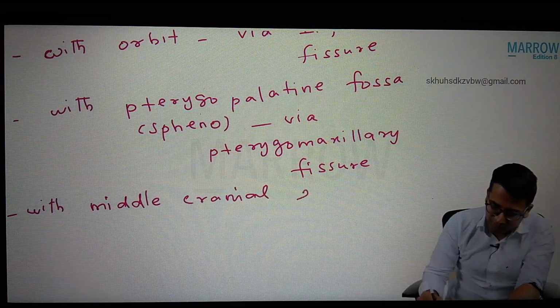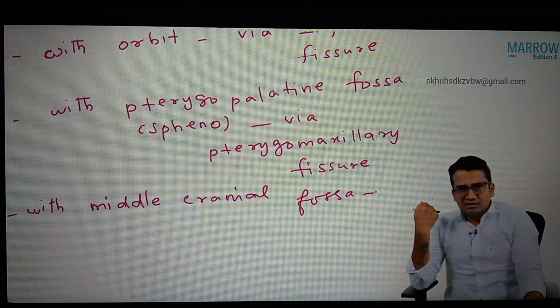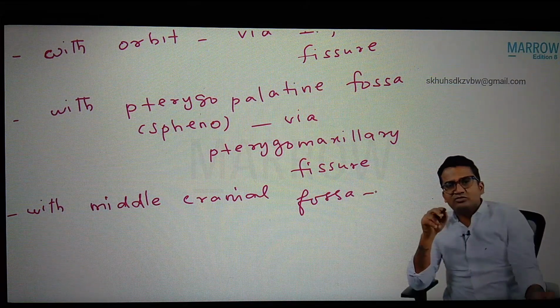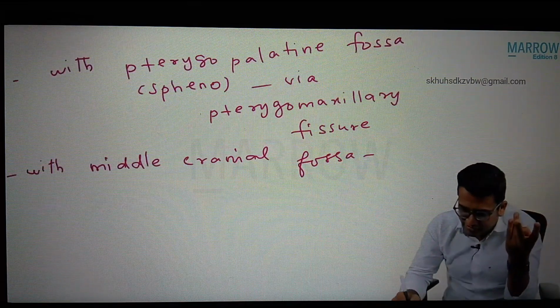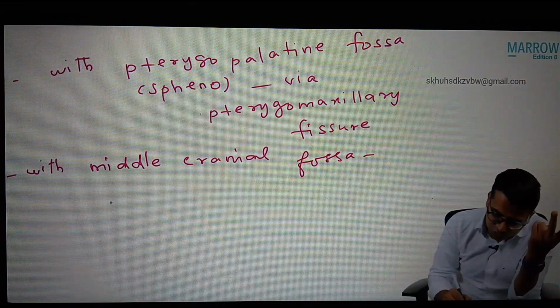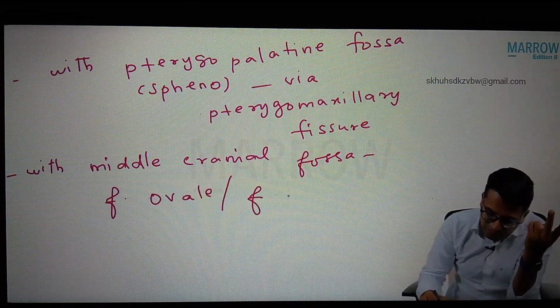Middle cranial fossa. I told you the superior boundary is the greater wing of the sphenoid. In the inferior view of the greater wing of sphenoid, we see two openings, foramen ovale and foramen spinosum. So the infratemporal fossa communicates with the middle cranial fossa through foramen ovale and foramen spinosum.